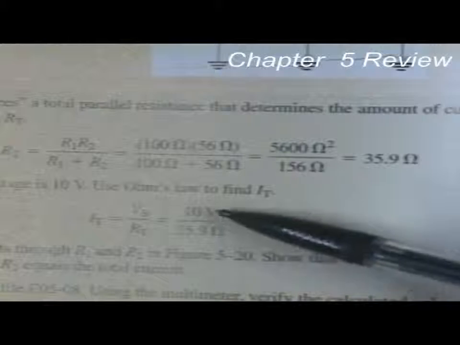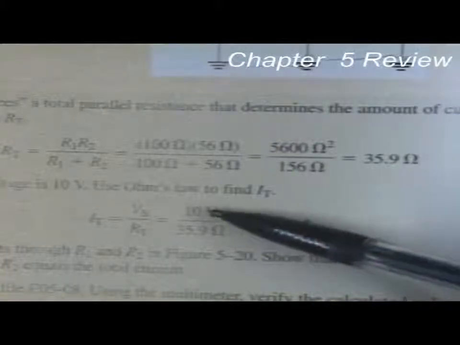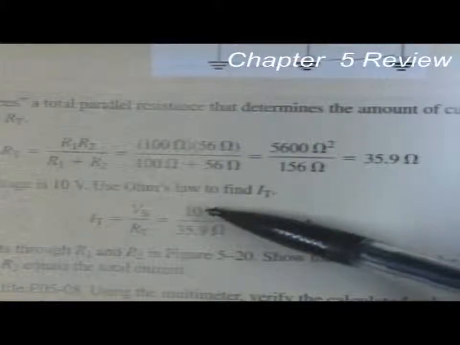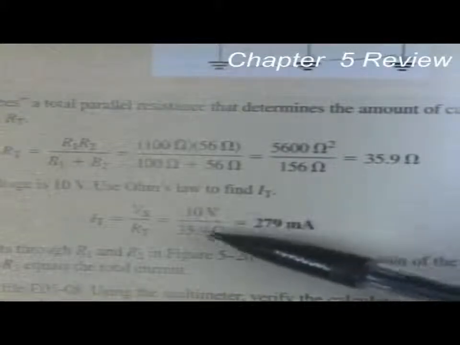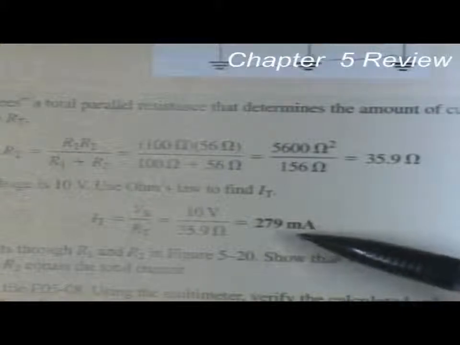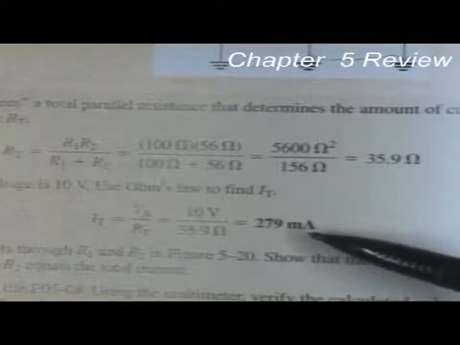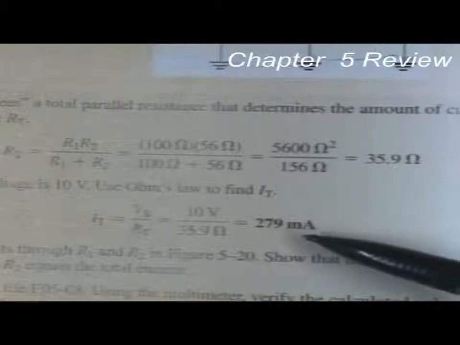In this case it was 10 volts, Vs, and some of you are using E, which is okay. That would be E over R. I equals E over R. It's the same thing. So 10 volts divided by 35.9 ohms equals 279 milliamps. Now remember, a milliamp is 1/1000th of an amp. So that's a small current.